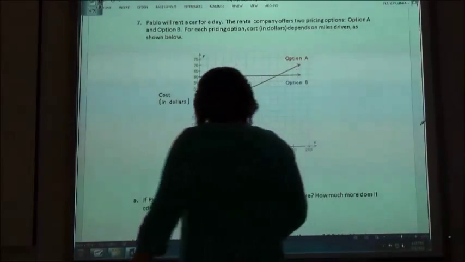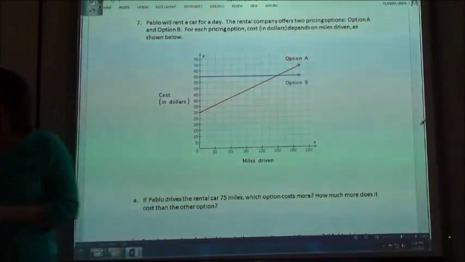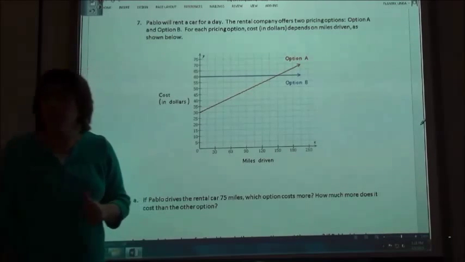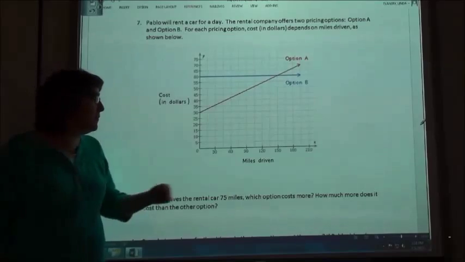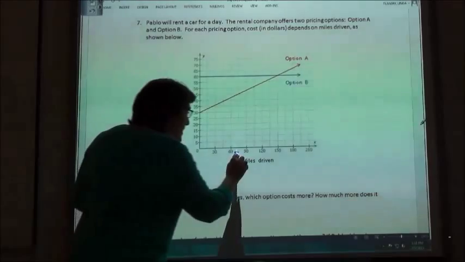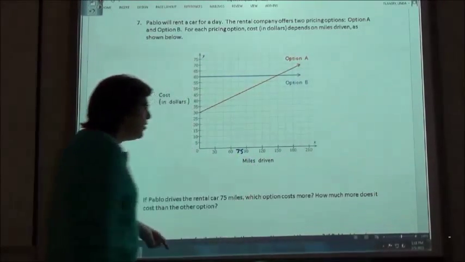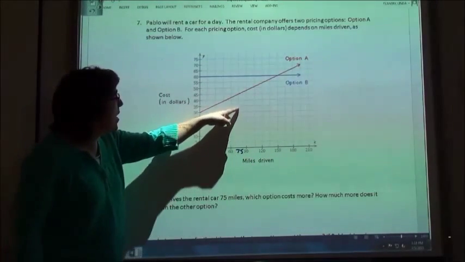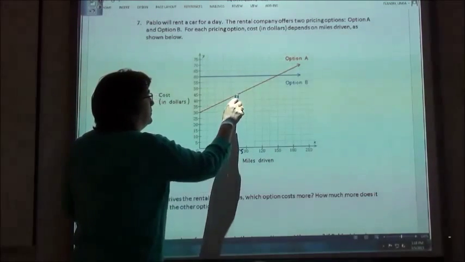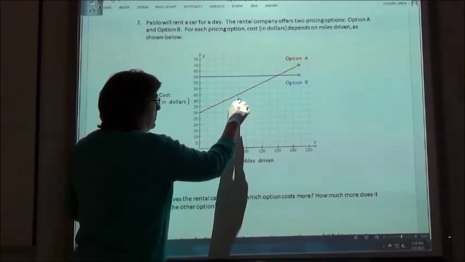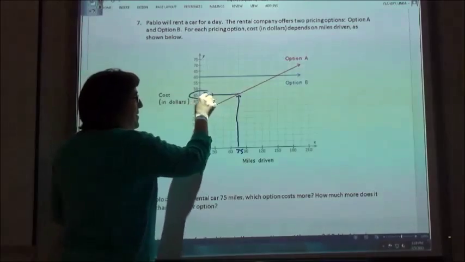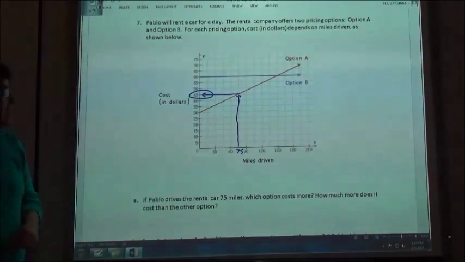Well, 75 miles isn't specifically marked, but where is 75 miles? It's going to be halfway between the 60 and the 90, right? So at 75 miles, if I look here, how much does option A cost me? $45, right?